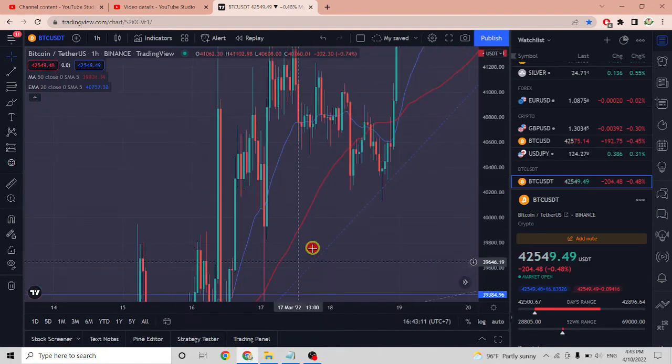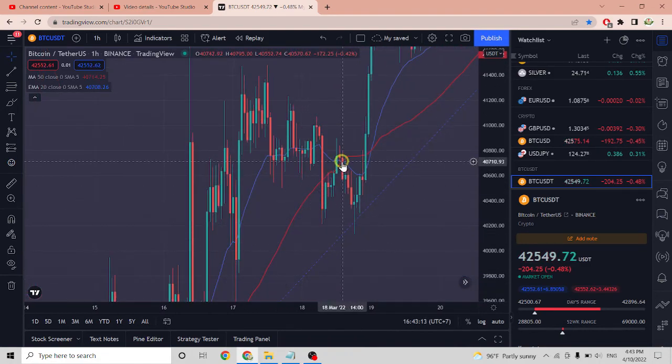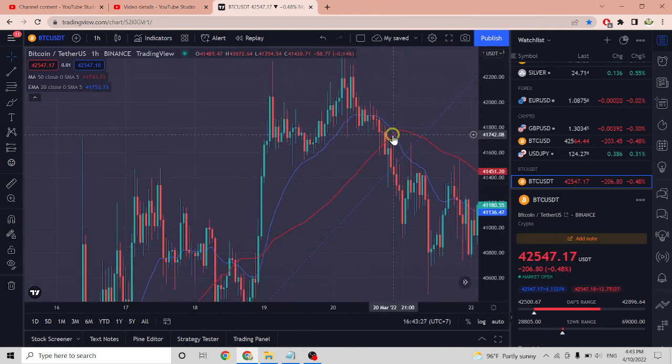And where to sell? Here, the MA is above the EMA, so you can sell here because it will go down. And where to buy again? Here again, because the MA is below EMA again, you can buy here and sell it here.